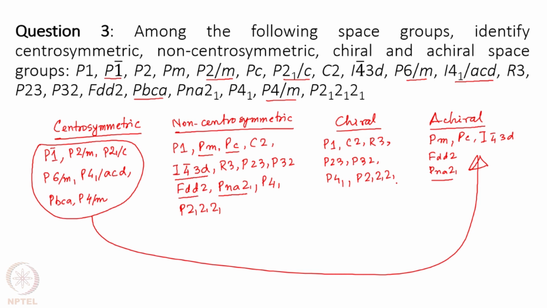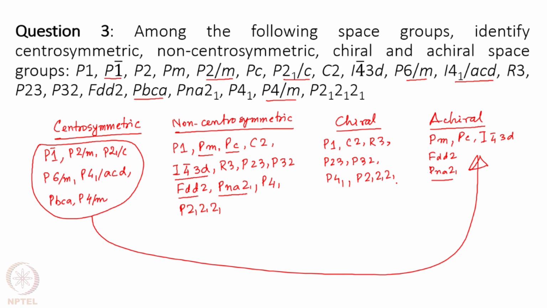So one can conclude from here that all chiral space groups are non-centrosymmetric, but not all non-centrosymmetric space groups are chiral. A part of non-centrosymmetric space groups which contain a mirror plane are achiral, and also one can say that all centrosymmetric space groups are achiral. A centrosymmetric space group cannot be a chiral space group.